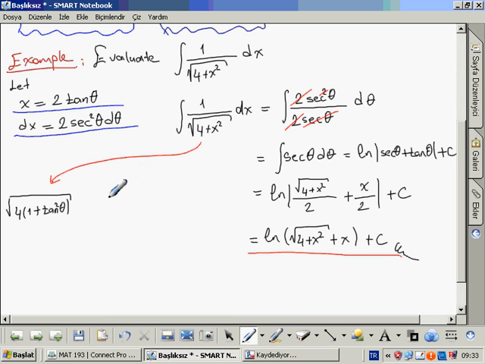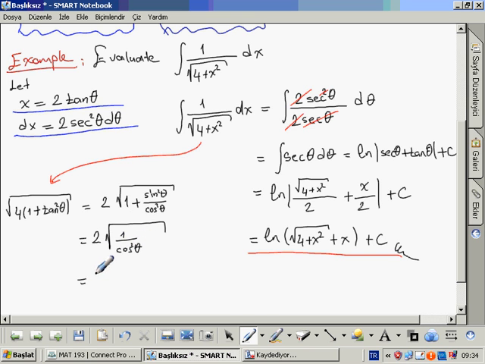And after that, you can say it's equal to 2 times square root of 1 plus sine square theta over cosine square theta, right? And after that, it equals 2 times square root of 1 over cosine square theta, right?